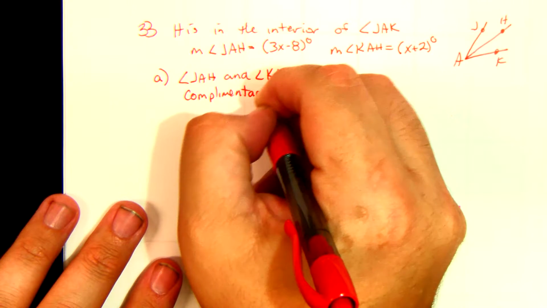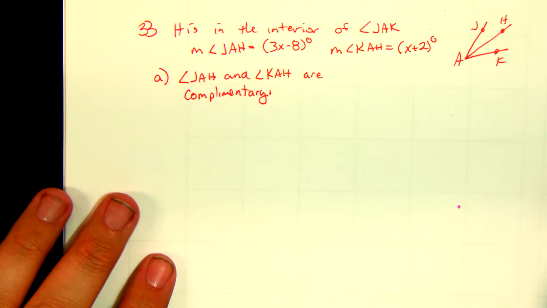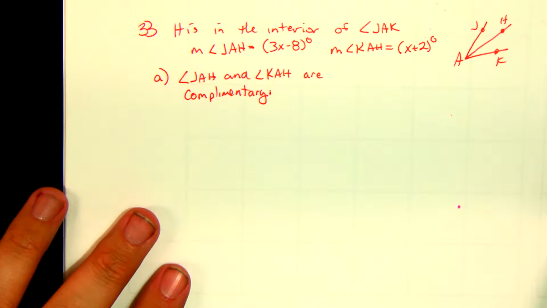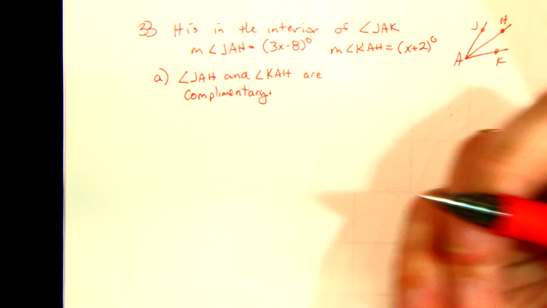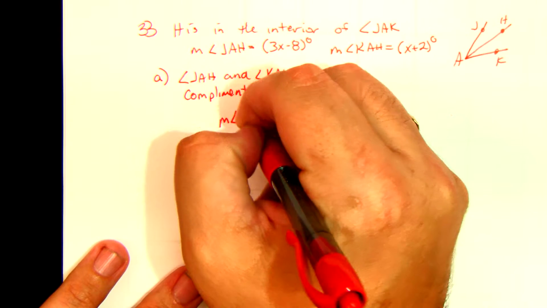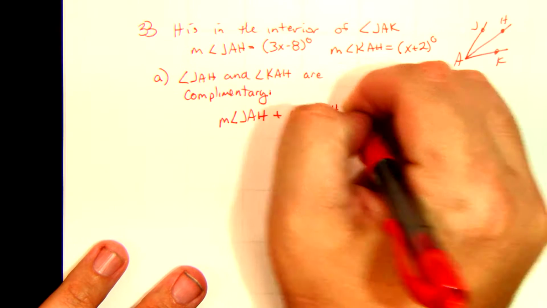What does it mean to be complementary? When you add them together, they are 90 degrees. So the measure of angle JAH plus the measure of angle KAH is equal to 90 degrees.